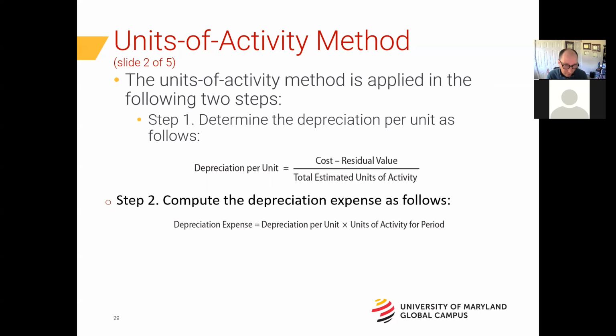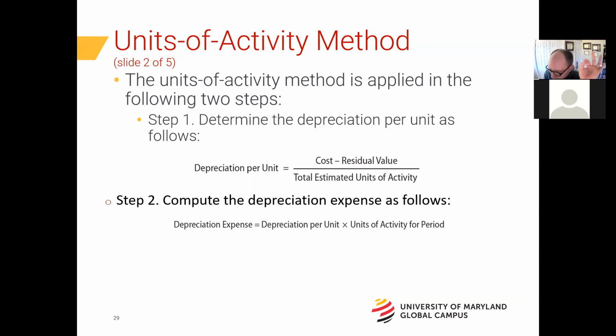How do we figure out the units of activity? The first step is to determine the depreciation per unit. In other words, for each level of output, what would be the depreciation for that equipment? So the calculation for depreciation per unit is, and of course, think of imaginary parentheses on the top there, first you do cost minus residual value.